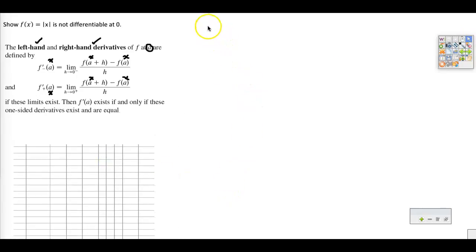And in order to use that definition, you're going to have to take f of x as we did last week, but I didn't use this definition, so I just want to make sure that we're all on the same page. This would equal minus x if x is less than 0, and x if x is greater than or equal to 0.